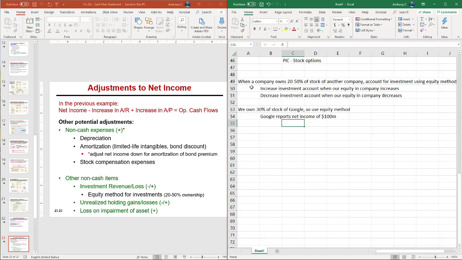Since we own 30% of Google, if they have net income of 100 million, this means our equity in the company increased by 30 million, right? So if we own 30% of the stock, 30% of that net income goes towards increasing our share. So our equity goes up by 30.